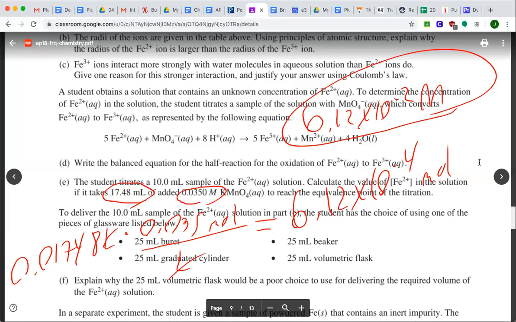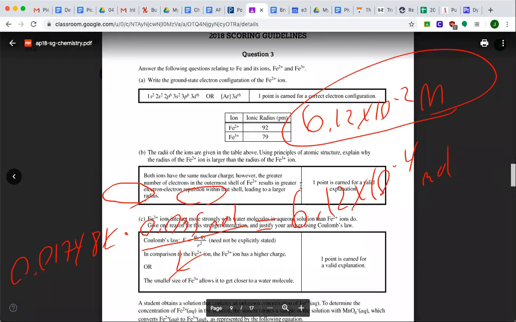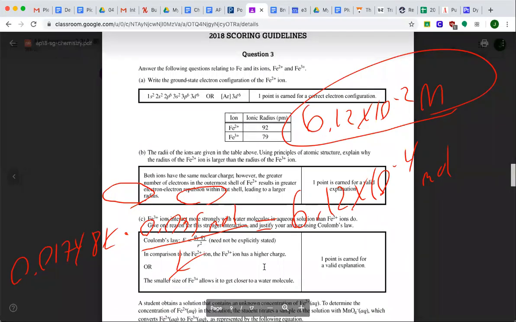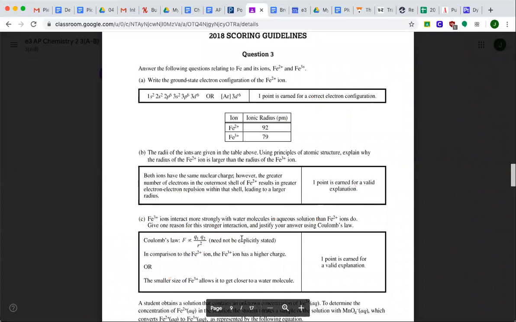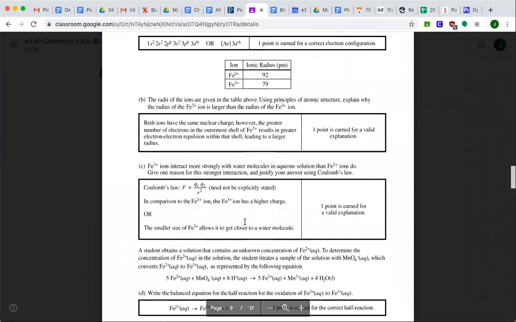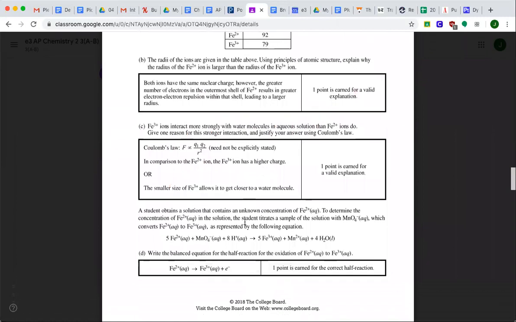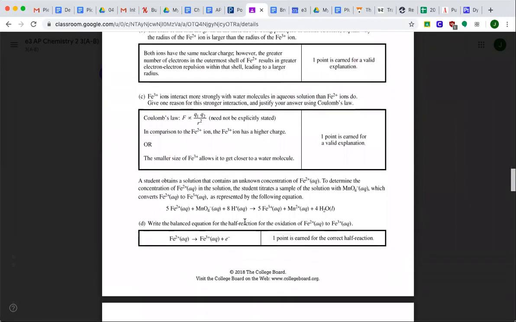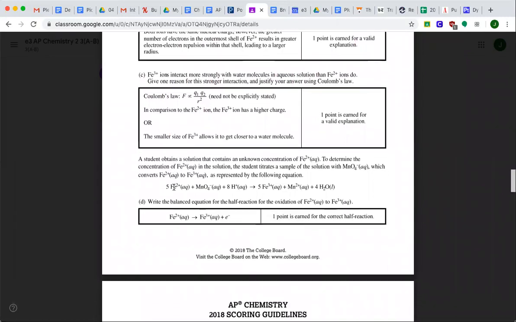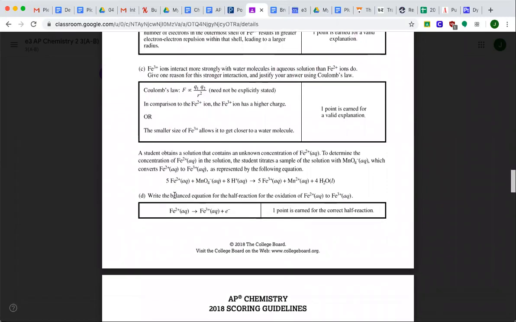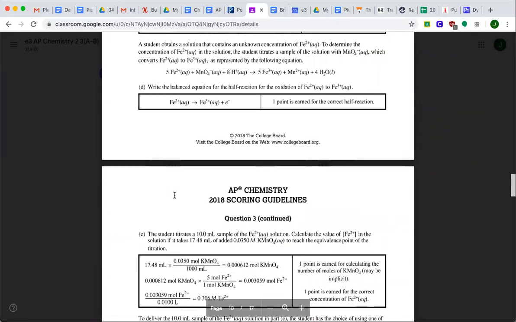Let's go ahead and double check that answer. Those are ugly numbers, so I'm going to clear this. There's Coulomb's law, there's the half reaction, good.